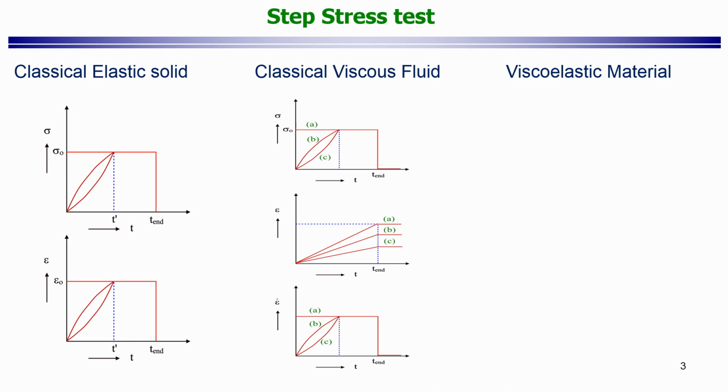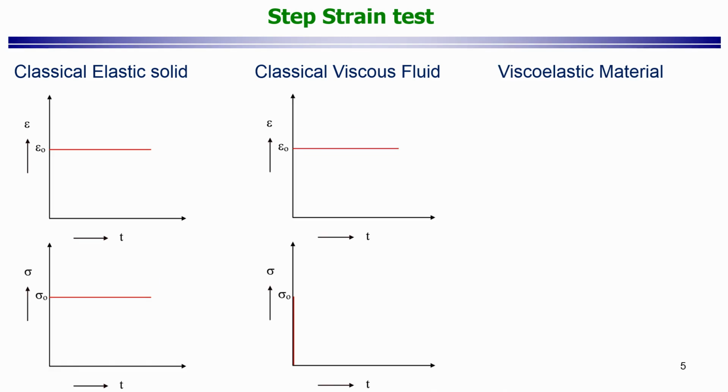Another was the step strain test, where in a classical elastic solid what you had is you applied a known amount of strain, and the system registered a certain amount of stress, and that value of stress was being kept at that value for a long time.